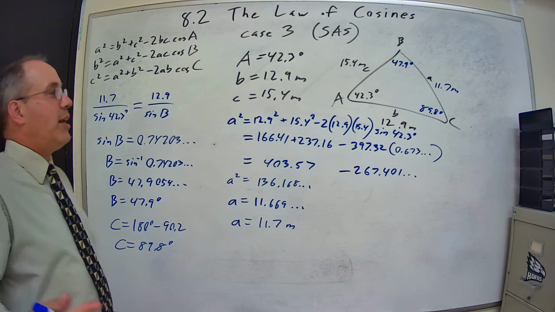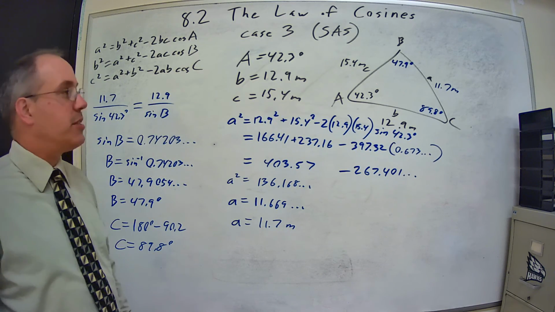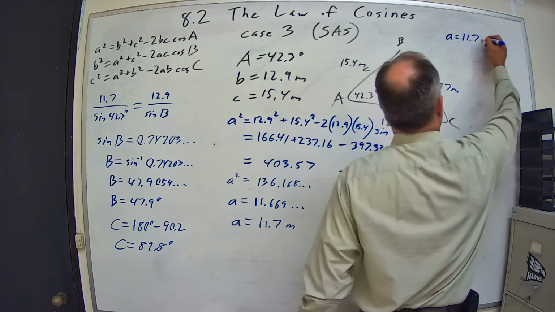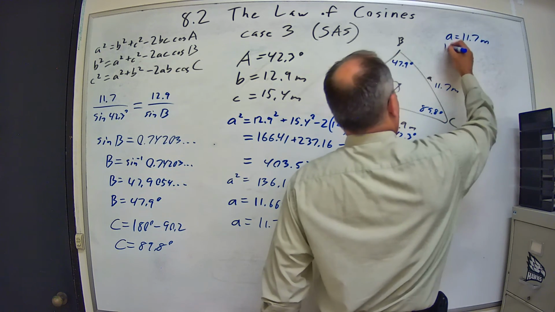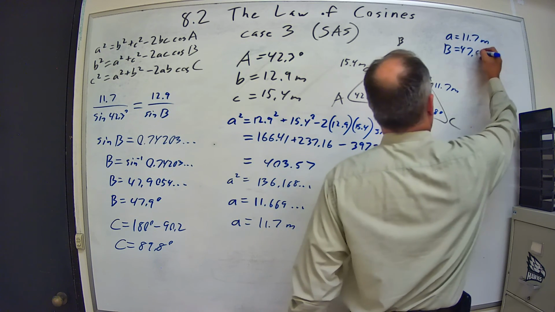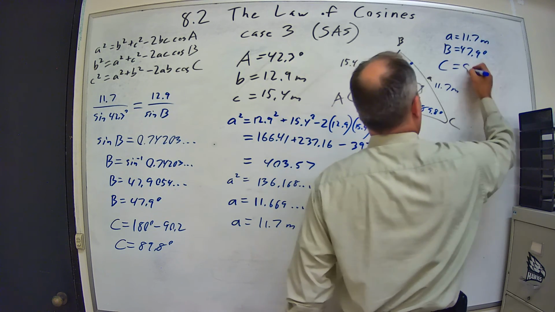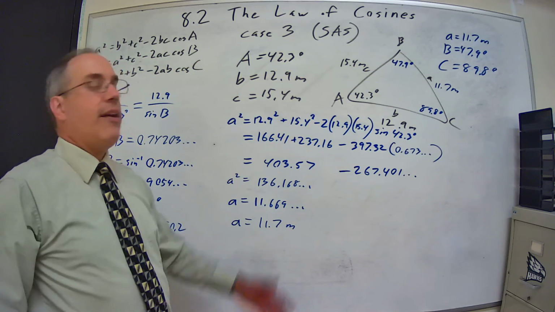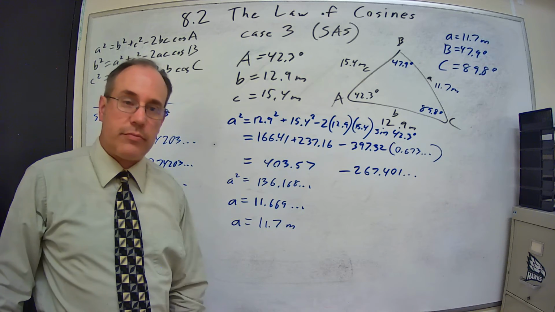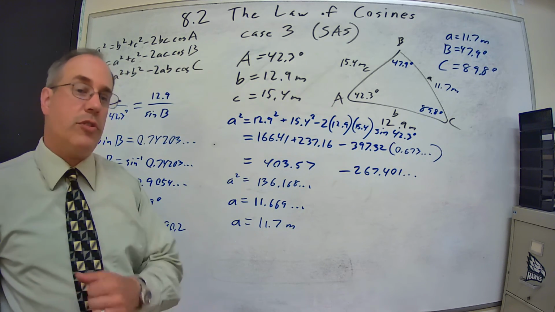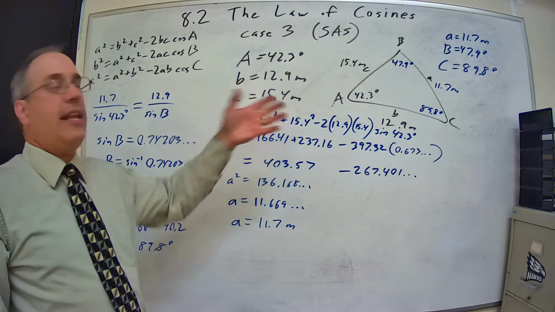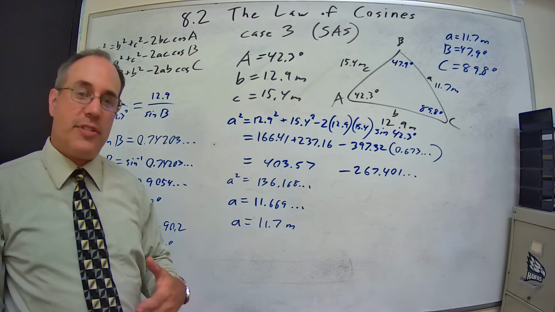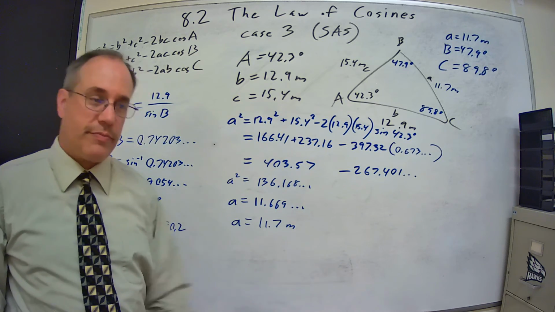Now again, we like to list all the answers in the same spot, so I'm going to come over here and say A is equal to 11.7 meters, angle B is equal to 47.9 degrees, and angle C is equal to 89.8 degrees. And now I have solved my triangle by using first the law of cosines, because I didn't have any known sides opposite any known angles.